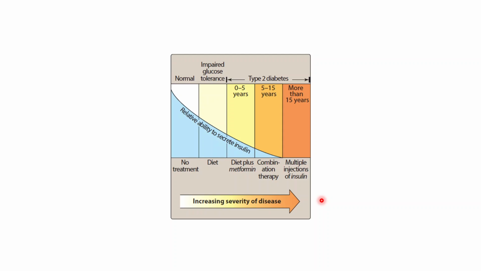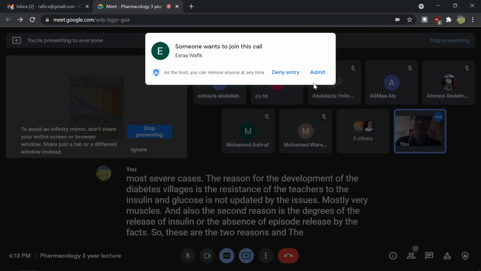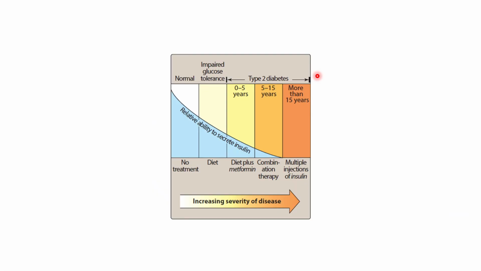The insulin treatment looks like this. At the beginning, the patient can be treated with a diet, and then for type 2 diabetes, at the beginning usually patients will require only metformin, so only one oral medication. Usually that is metformin because of the low adverse effect profile.